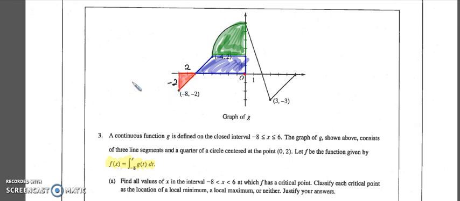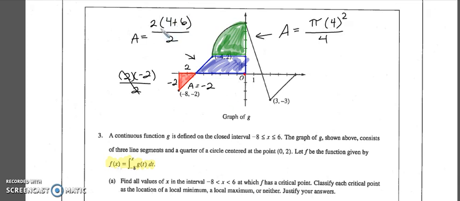So when you find the area, it's base times height over 2. So this triangle will have an area of negative 2. Then we're going to calculate the area for this trapezoid and then the area for the quarter circle.